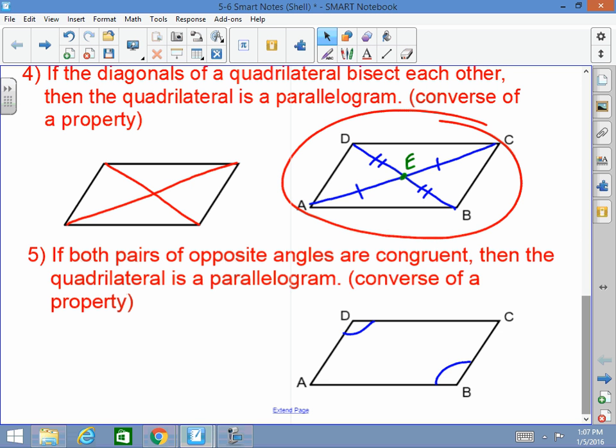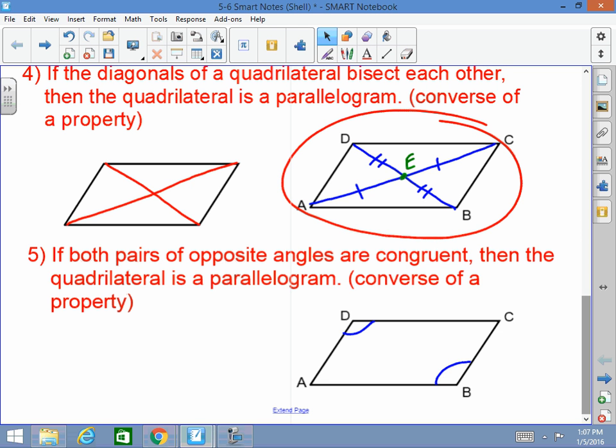Rhombi have that property. Rectangles have that property. What are you doing to us? No. If I give you a figure and I just give you those markings, or not just me, SAT, ACT, a real life situation, you're out there in the field, that is a parallelogram.